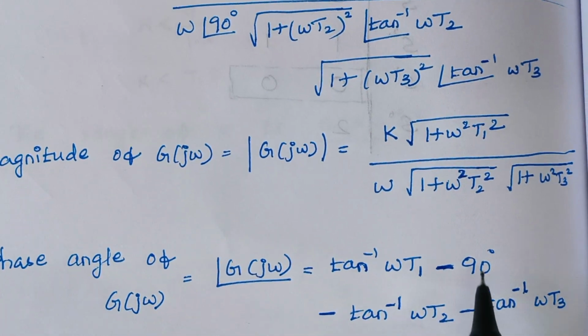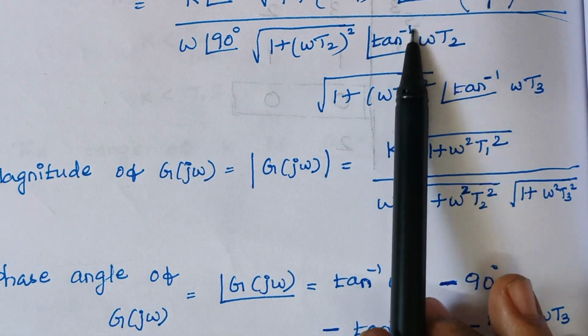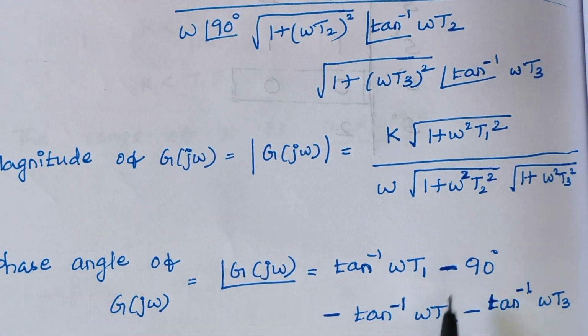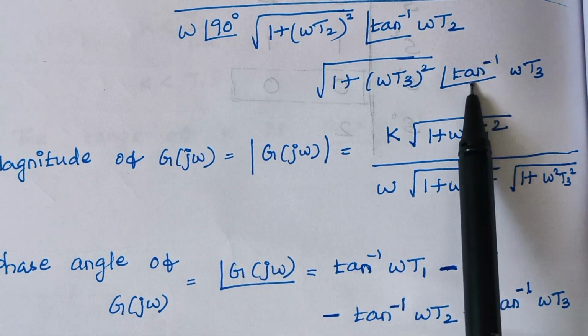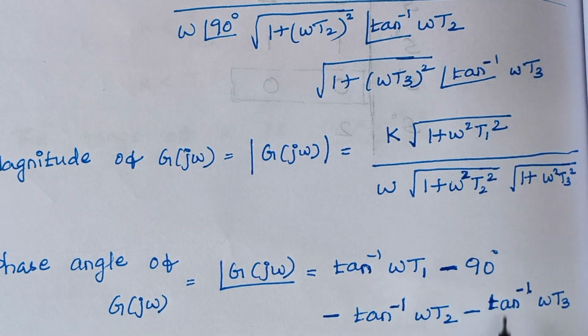So here I had written minus 90. And again, when I move this tan inverse of omega T2 to the numerator side, what happens? We have to write it as minus tan inverse of omega T2. Similarly, here tan inverse of omega T3, when it is moved to the numerator, I will be having minus tan inverse of omega T3. Right.